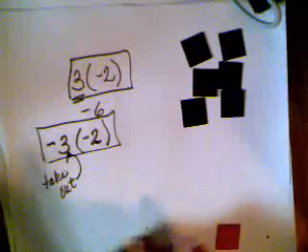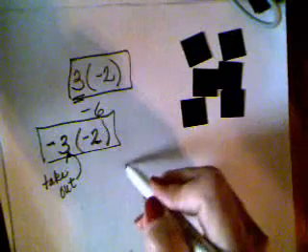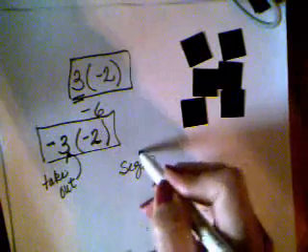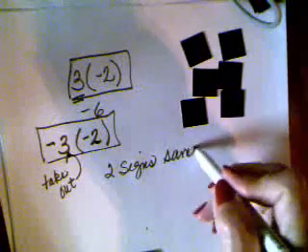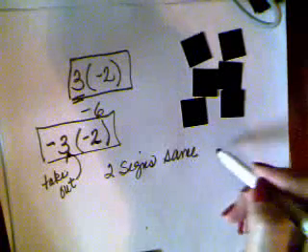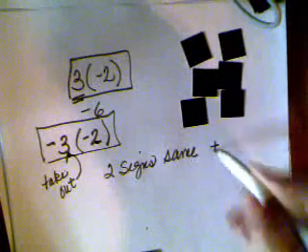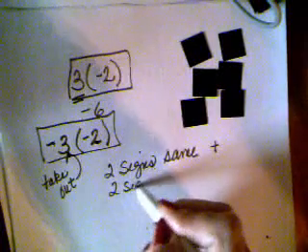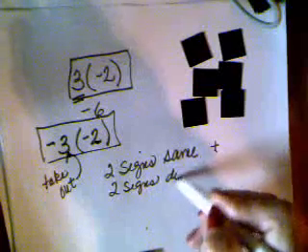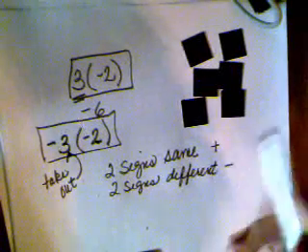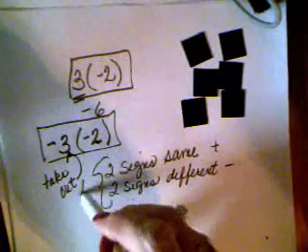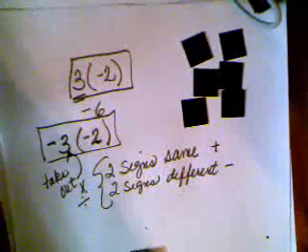If the 2 signs are the same, the answer is positive. If 2 signs are different, the answer is negative. And that's true for both multiplication and division.